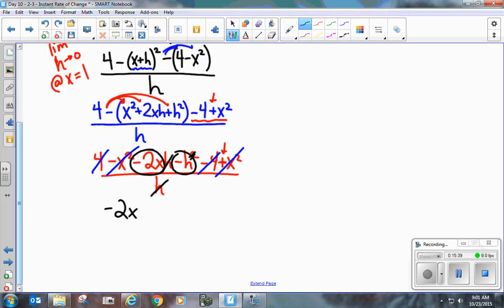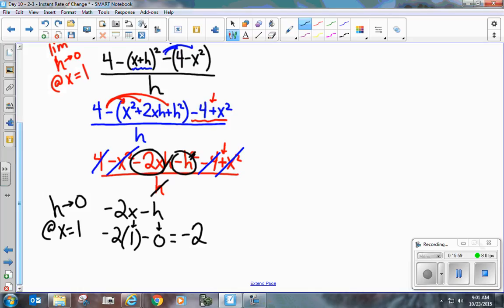Negative 2x minus h. This is as h approaches 0 at x equals 1. So negative 2 times my x, which is 1, minus my h, which is 0. My slope is negative 2. That's the slope of my tangent, right?